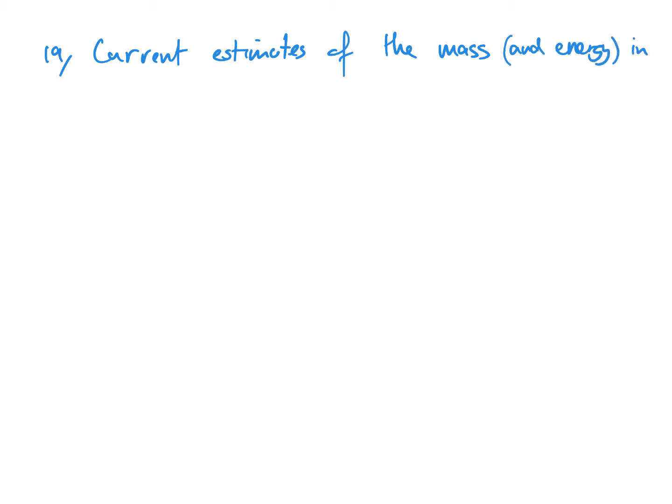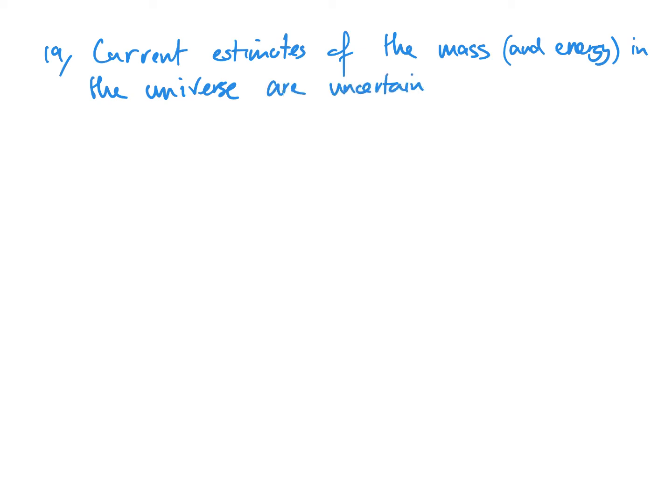18 is the idea that current estimates of the mass and energy in the universe are uncertain.